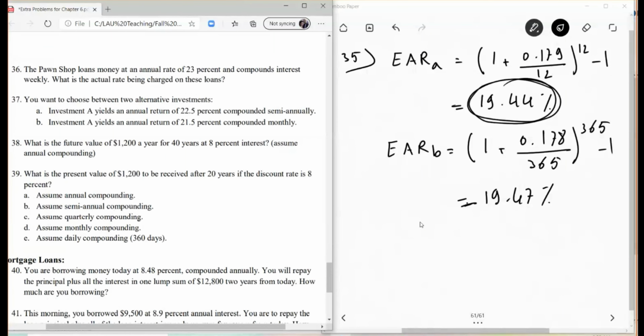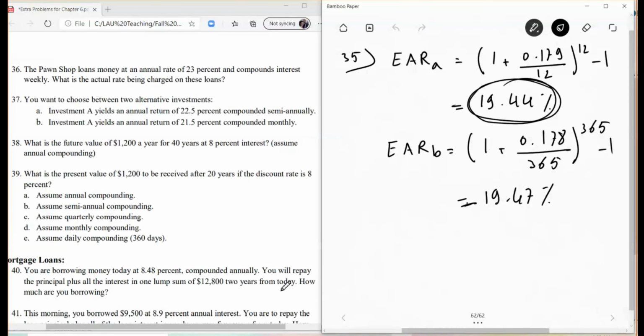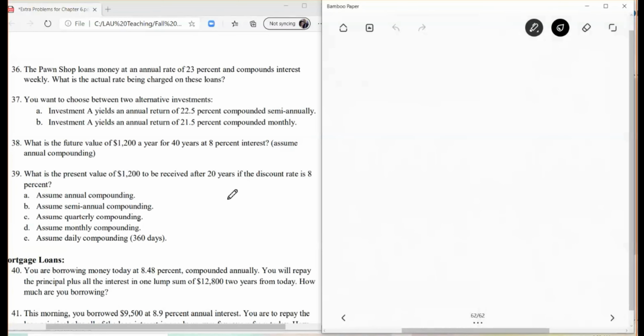Now, number 36. The pawn shop loans money at an annual rate of 23% and compounds interest weekly. What is the actual rate being charged on these loans?